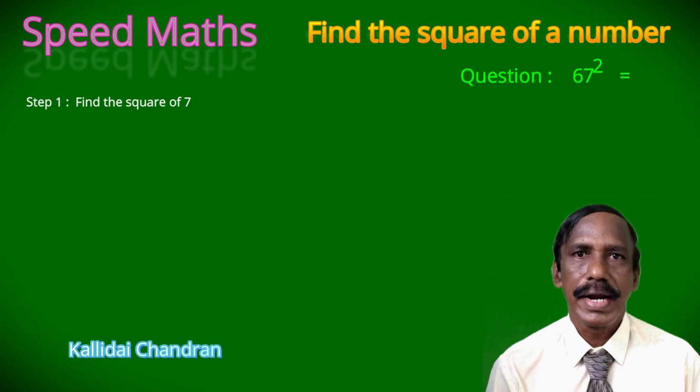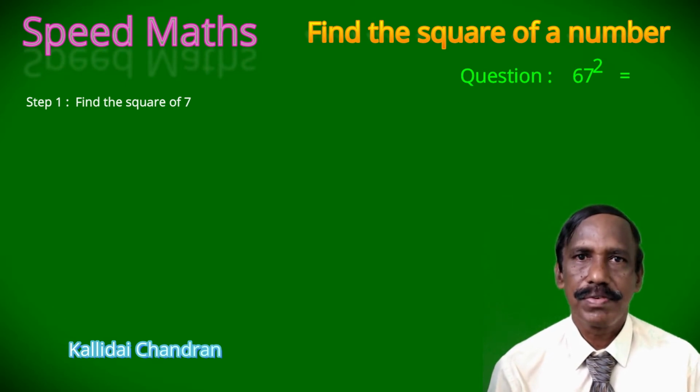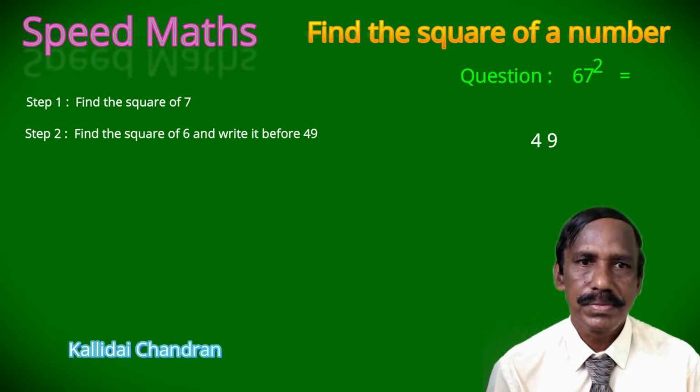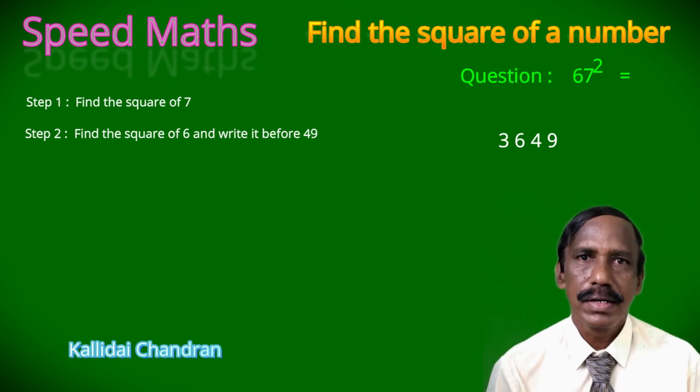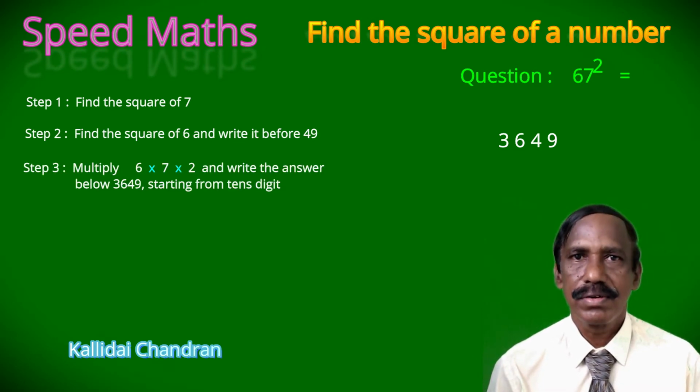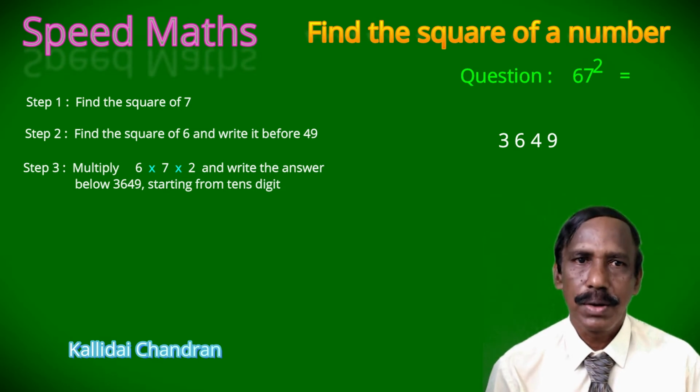Now the question is find the square of 67. First write down the square of 7, that is 49. Then write down the square of 6, that is 36, before 49. So the number that will appear is 3649. Now you multiply 2 with 7 and 6.